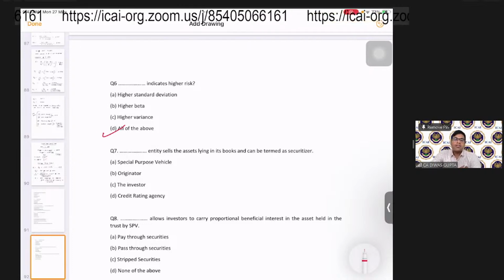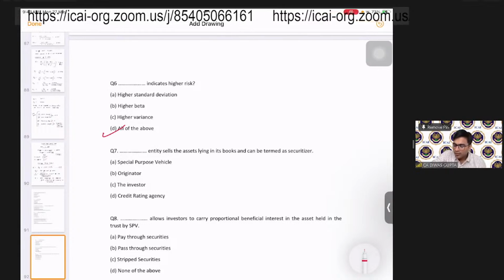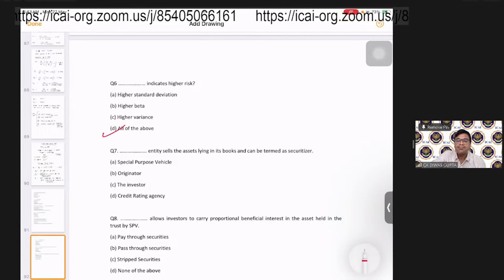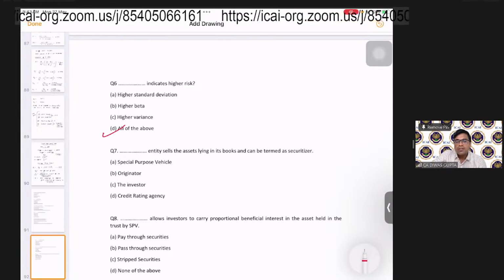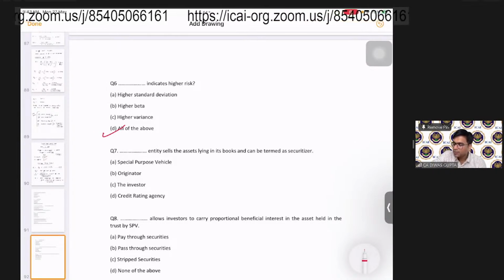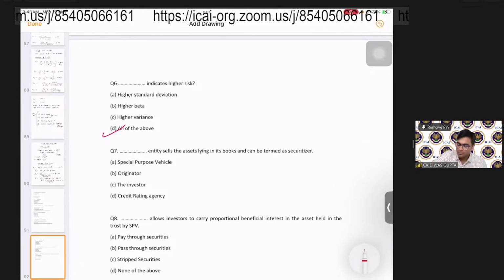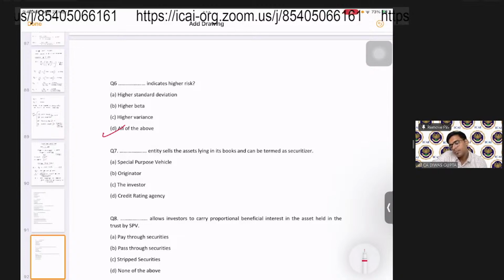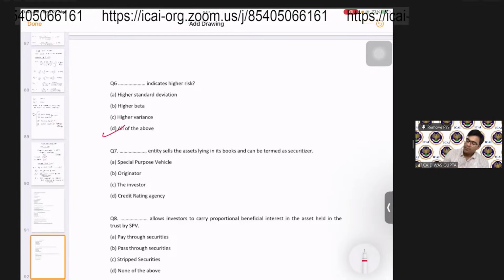Okay. Viraj is saying, Viraj, please recheck if you're telling about the question number 7. It's a bit deviated. Come on, students. Question number 7. Dash entity sells the assets lying in its books and can be termed as securitizer. Okay, Rolina is also saying okay.